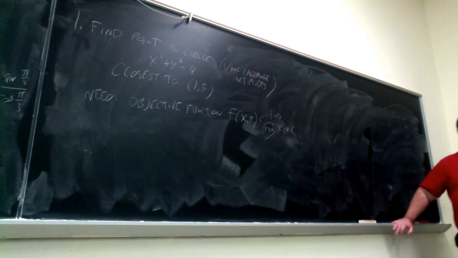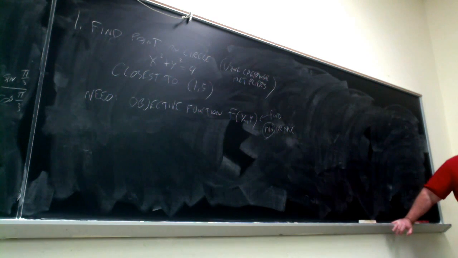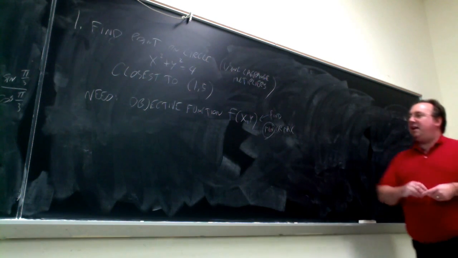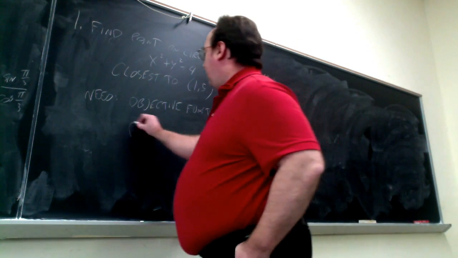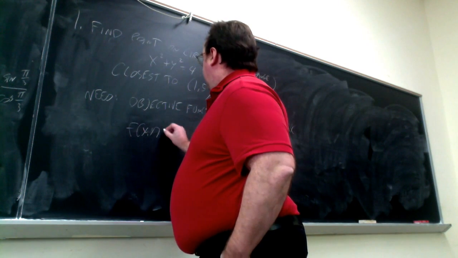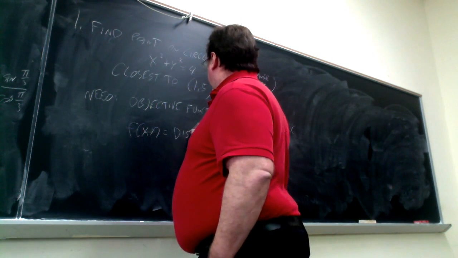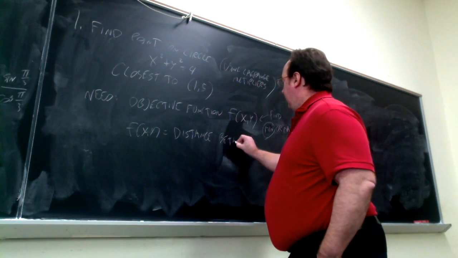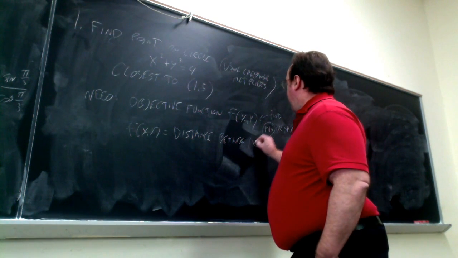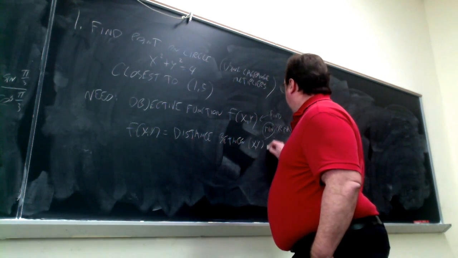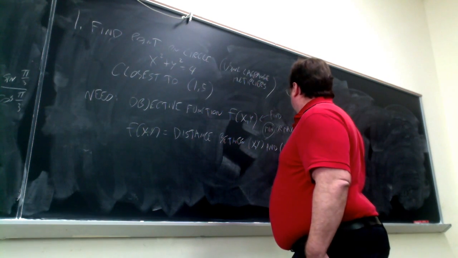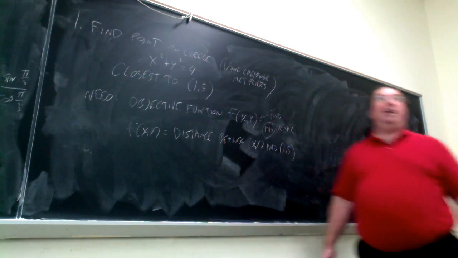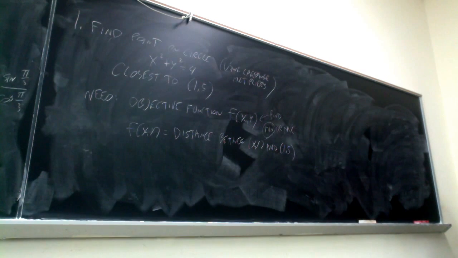The distance between that point and 1, 5. Yeah. So f of x, y is the distance between x, y and 1, 5. Now, you use a distance formula, so that's a square root of the sum of squares.